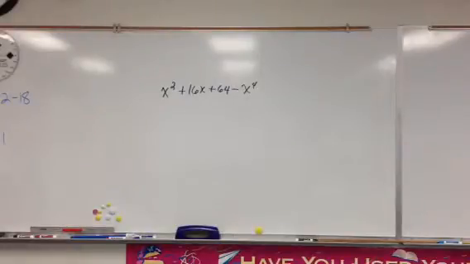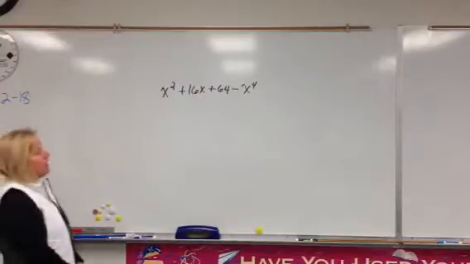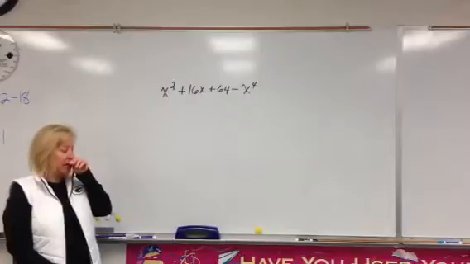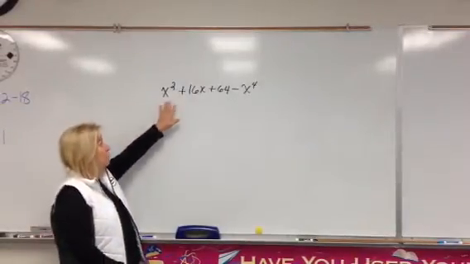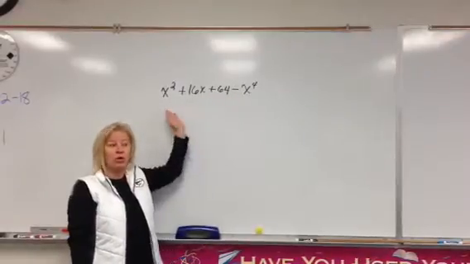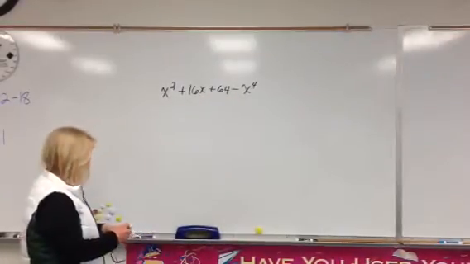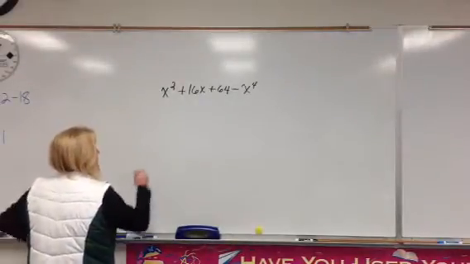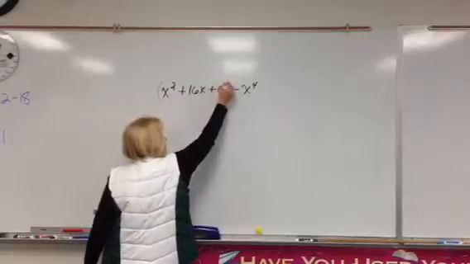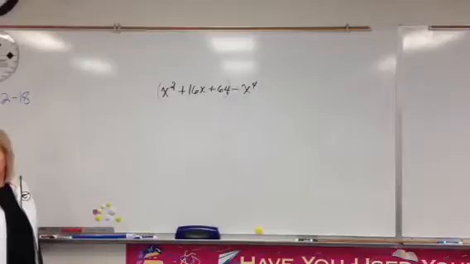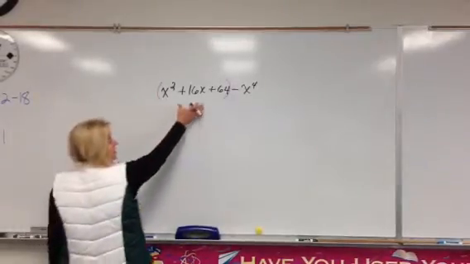So when you start to see more than 2 or 3 terms, then your thinking has to change a little bit. You can try putting these in groups of 2 and factoring something, or groups of 3. In this case, I do see a perfect trinomial right here. So that's where I'm going to put my parentheses. We can factor this.